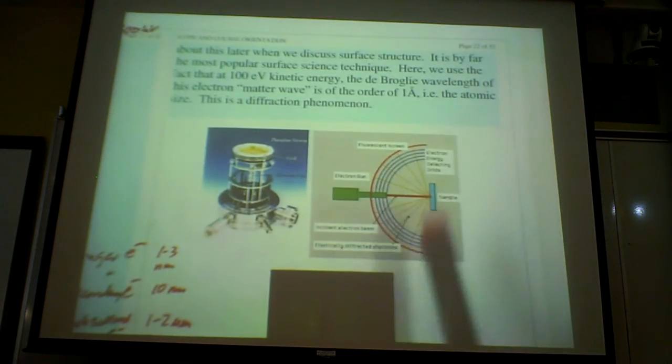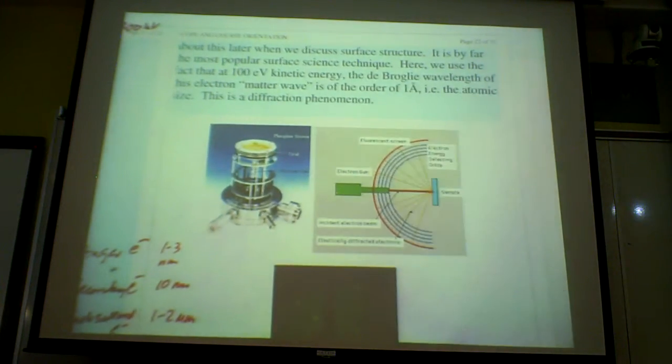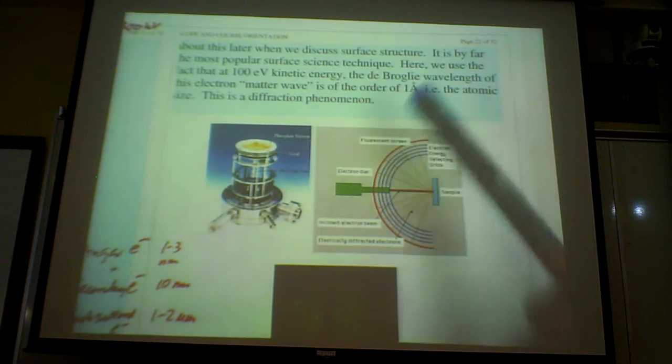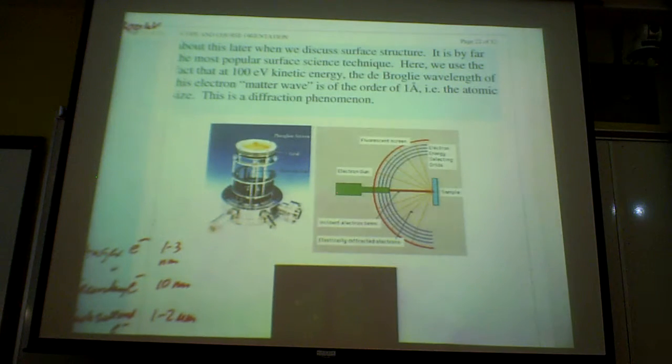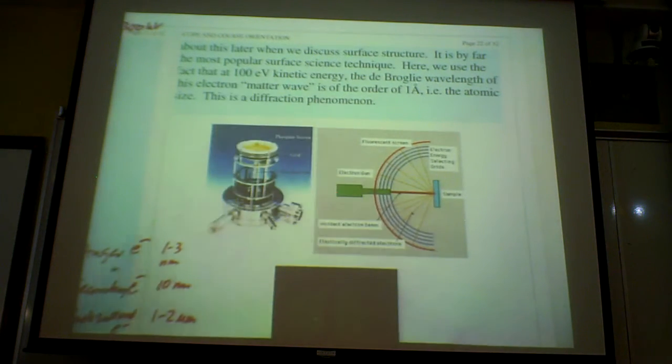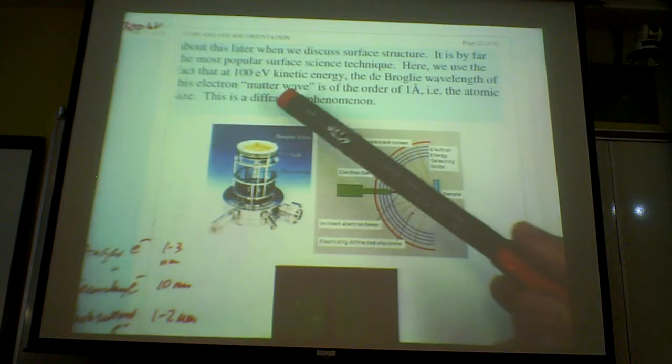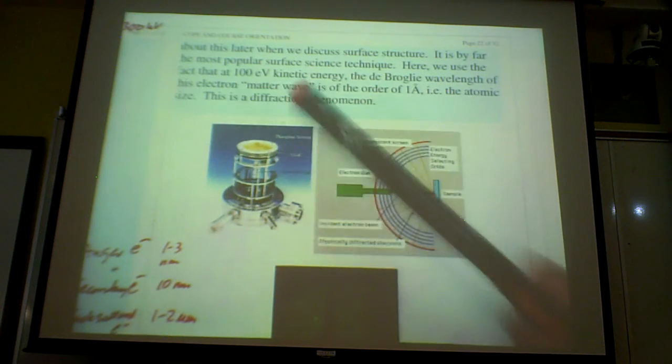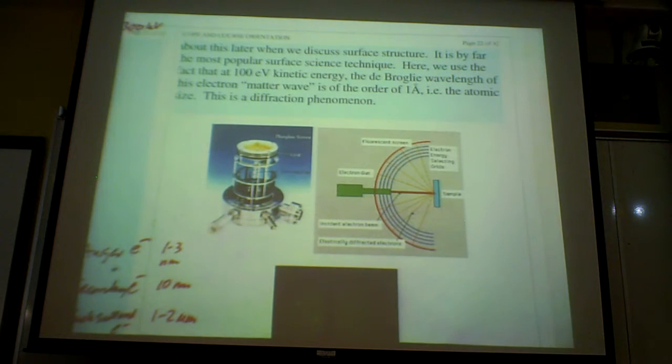And the key point, using what we learned in quantum physics, is that all material has a wavelength. It's known as the de Broglie wavelength. This is known as matter wave, so we don't think of the electron just as a particle. We think of it as a wave as well, and the wave nature of the electron at 100 electron volts is of the order of 1 angstrom wavelength.